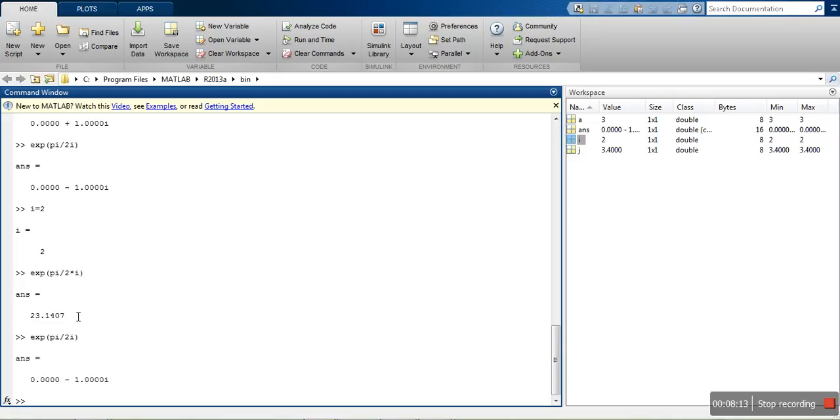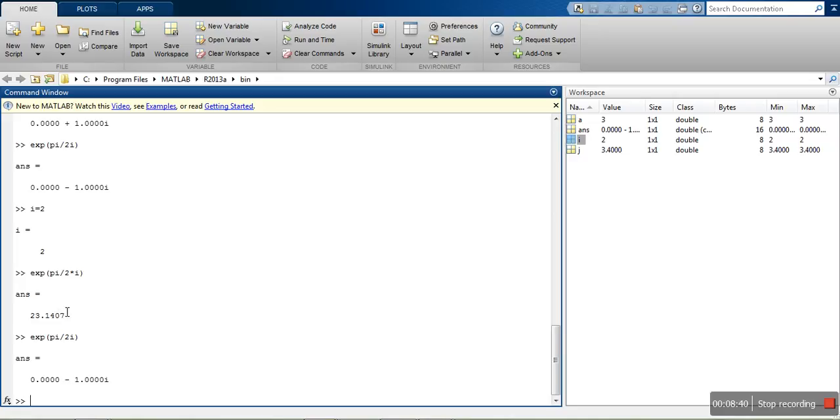So in the first case, we have written exponential of pi i by 2 multiplied by i. In that case, pi i by 2 will be evaluated, and that value will be multiplied with the value of i, which is explicitly defined as 2. So the exponential will be calculated for 1.54 multiplied by 2.